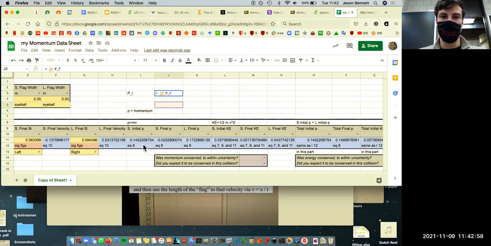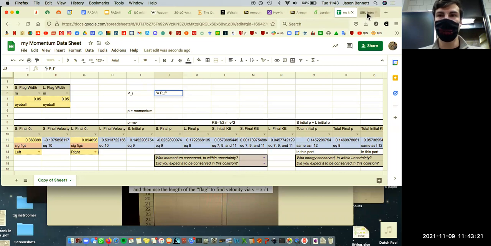That's really the whole objective of, is momentum conserved or not, or is energy conserved or not. The same thing you can do with, is KE initial equal to KE final.